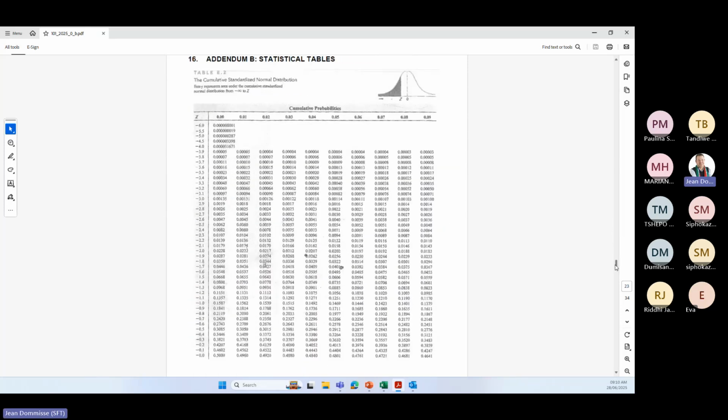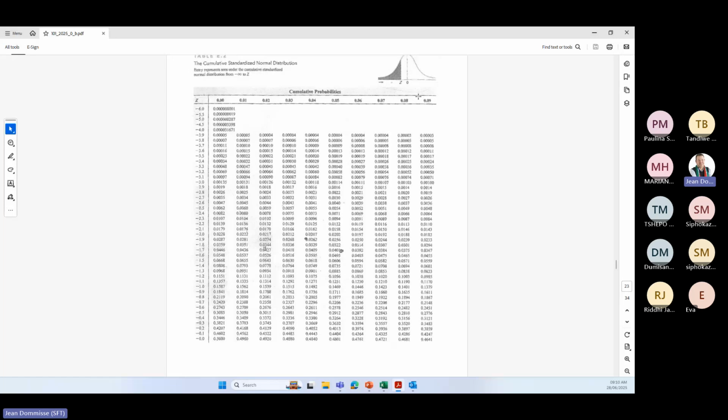Okay, so in the Z table, I'm looking for Z1, but I know from this table that we can look at Z minus 1.